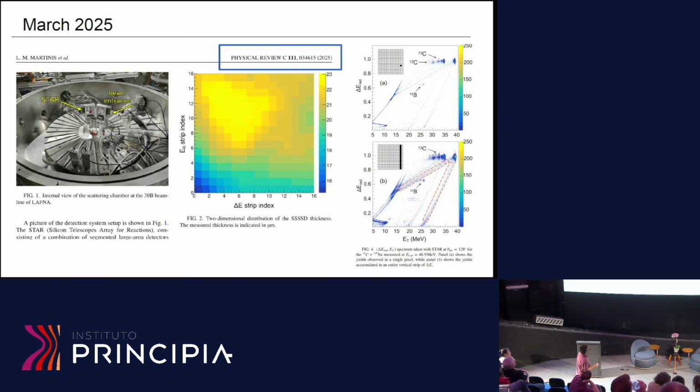And this is the events that come into one strip, but then if you add the events of the whole strip, so we have 16 pixels now, then we improve the statistics quite a lot. That was very complicated to see, and we can see it very well here when we add the events of this strip. So then we can extract this proton transfer cross-section very easily, if we do this properly.